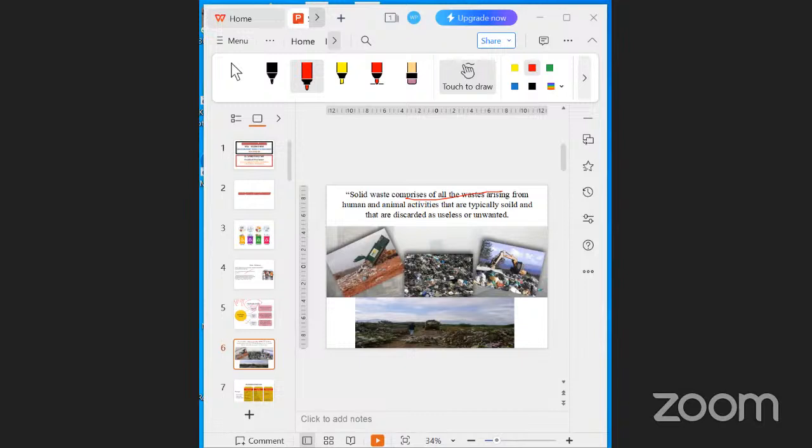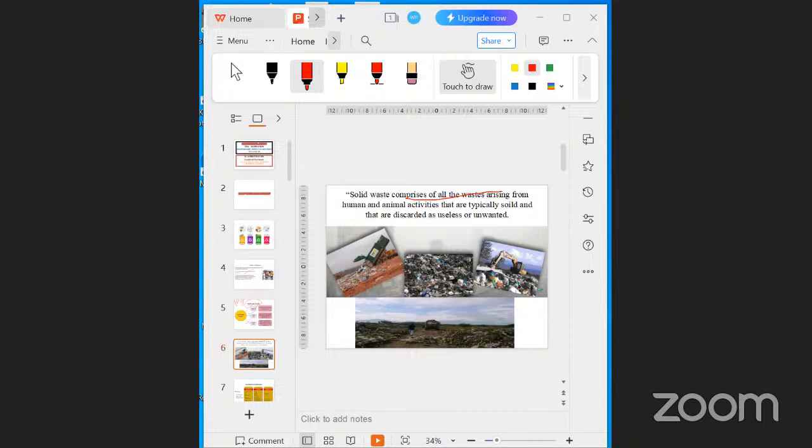It includes trash, garbage, metal, scrap, and so on, which arise from daily human activities and are normally discarded as useless or unwanted material. It leads to land pollution in urban as well as industrial areas.